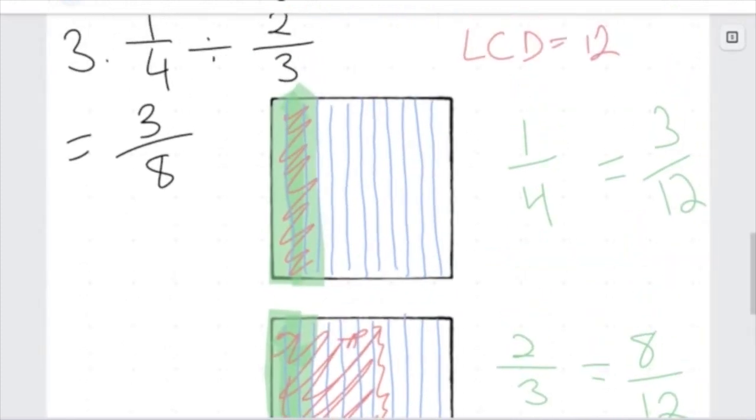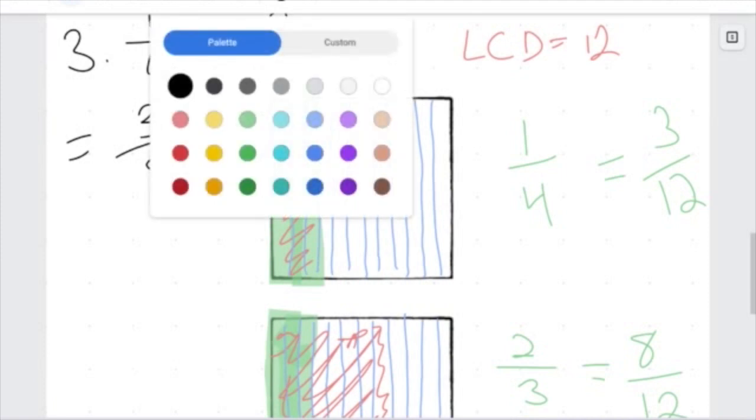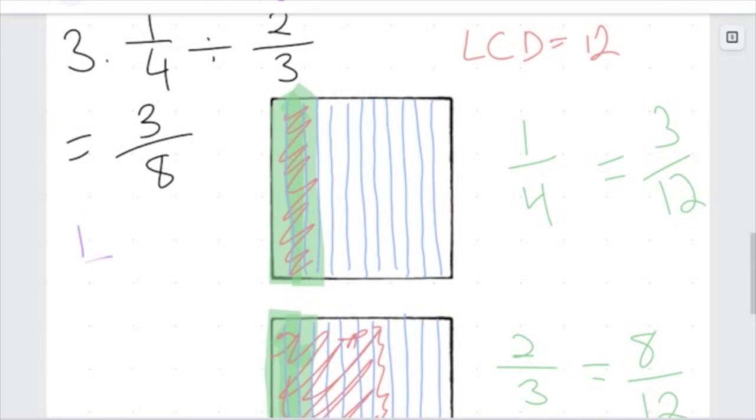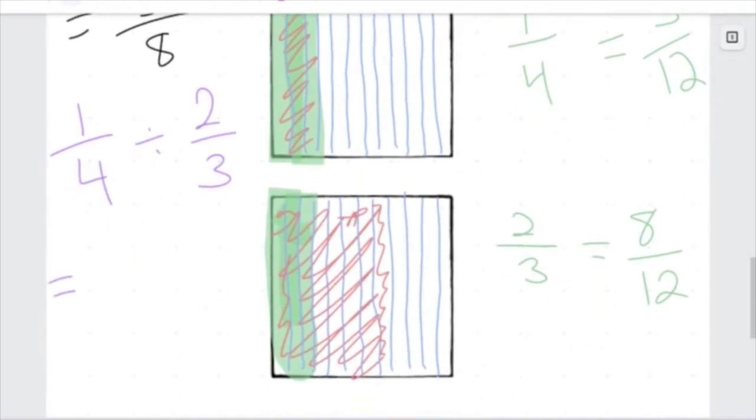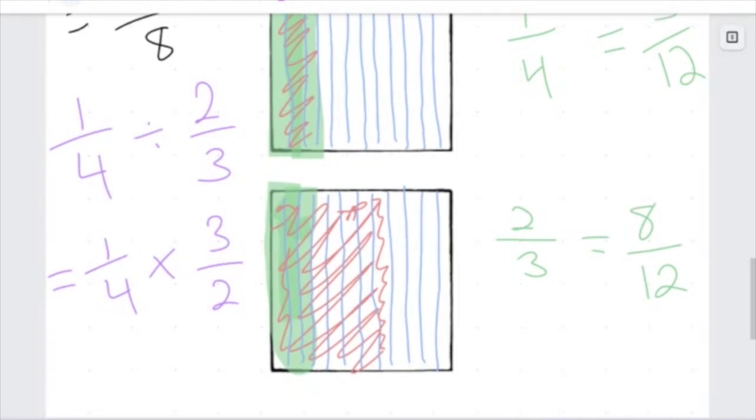Now, very last step, I'm just going to show this in the way we talked about in the previous video. So a quarter divided by 2/3, that's the same as a quarter times by 3/2. So I've done the same thing. I've changed my division to a multiplication and I've found the reciprocal of 2/3, or my flipped number of 2/3.